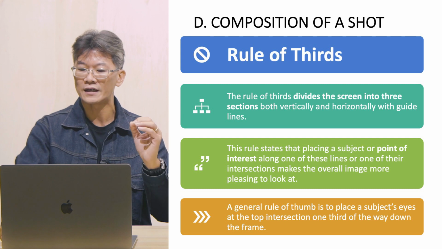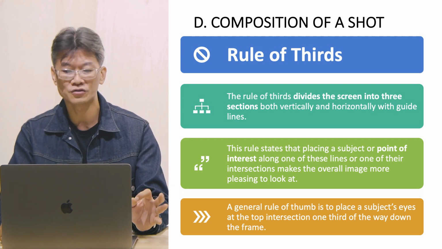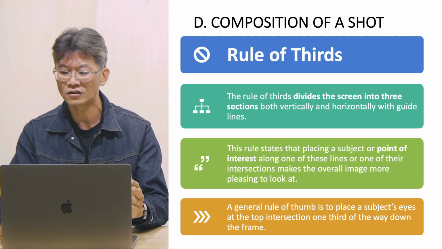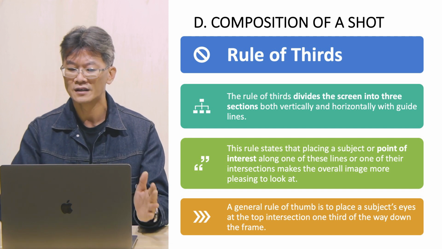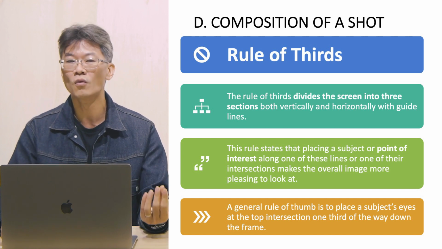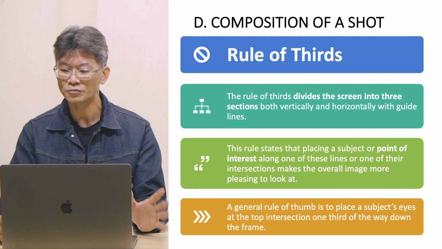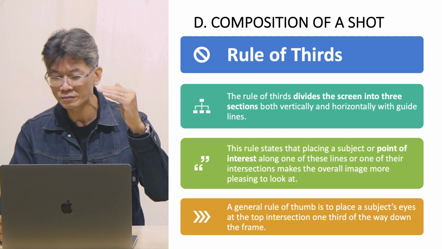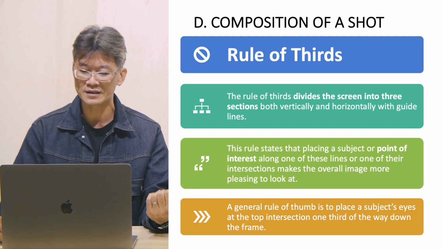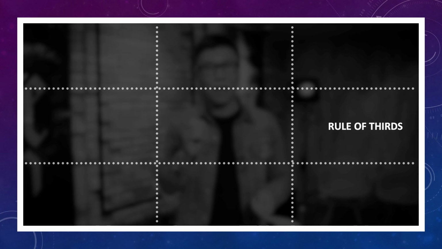Usually this rule states that placing the subject or point of interest along these lines or on one of the intersections makes the overall image more pleasing to look at. So the general rule of thumb is to place a subject's eyes at the top intersection, 1/3 of the way down the frame. Here is an example of the rule of thirds, and this is how it looks when you have the subject in the middle with the sides as well.